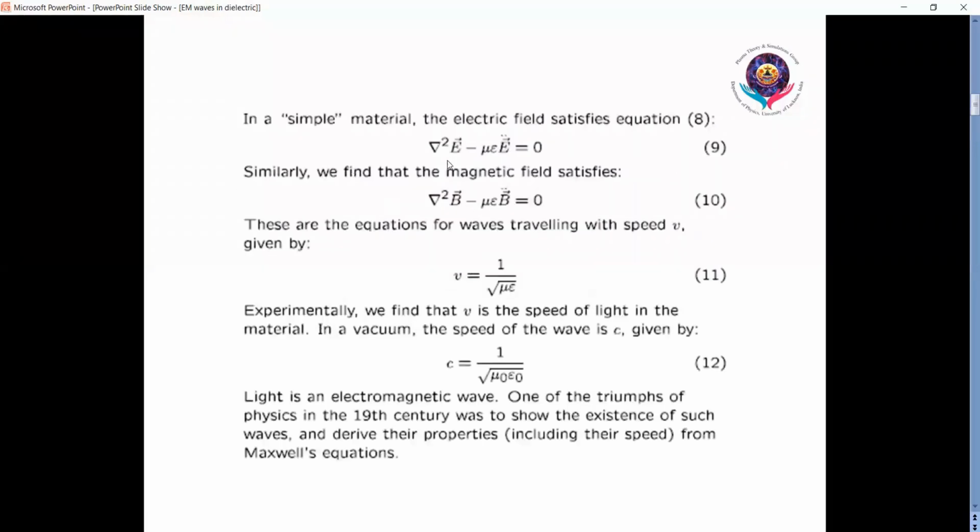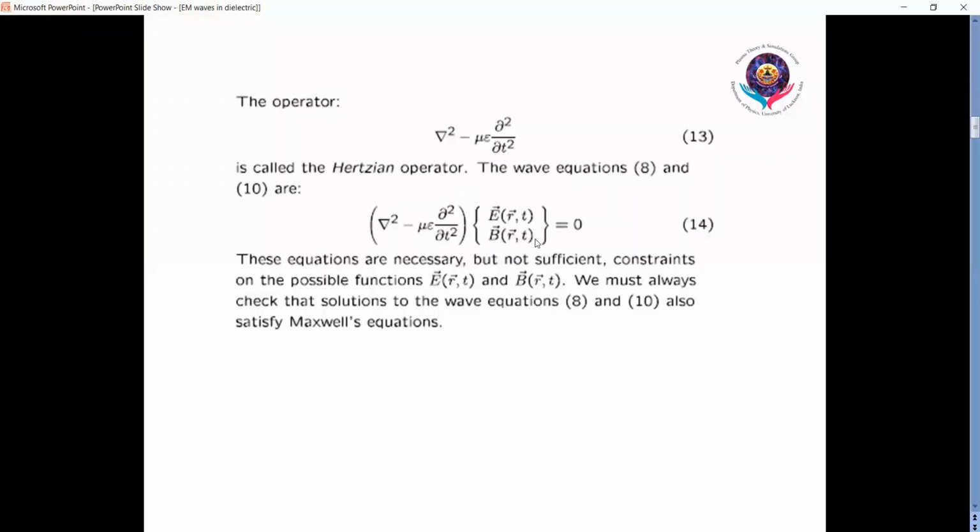So this is an operator on the fields, E and B both. These two equations can be written in a common form like this. And this operator, in the bracket, is called the d'Alembertian operator. So this is the wave equation, or the equation of telegraphy.